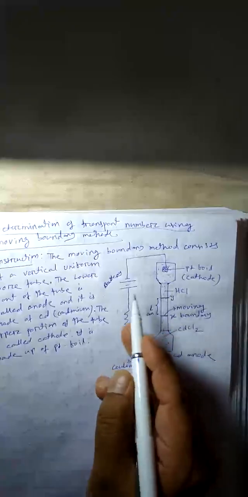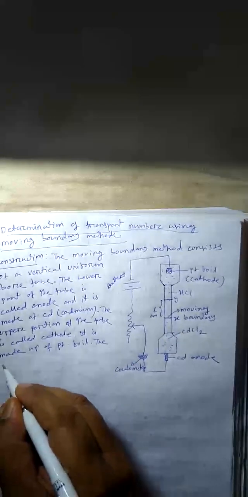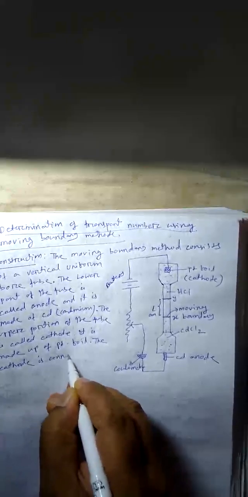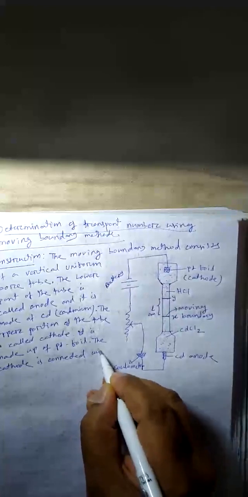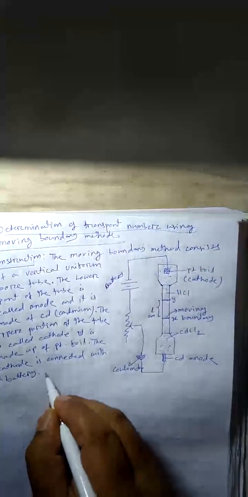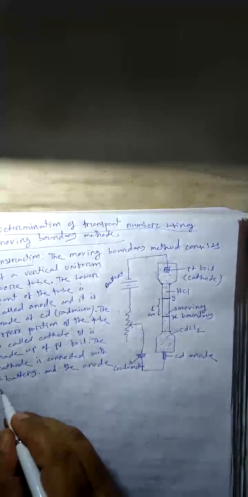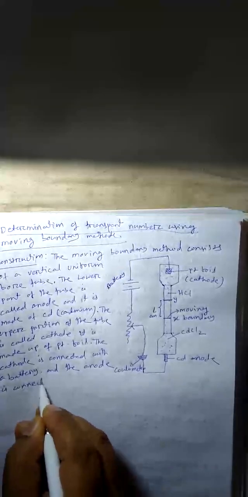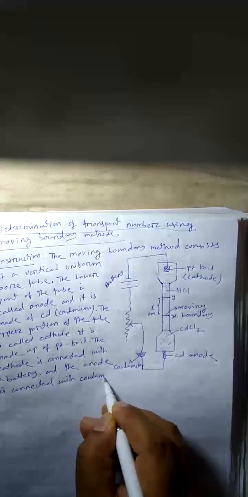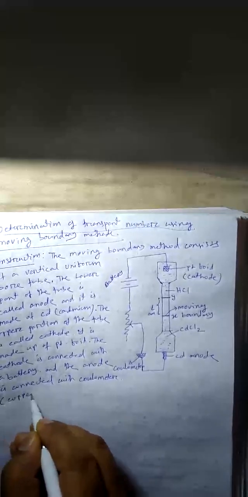Then the cathode is connected with a battery, and the anode is connected with a coulometer. The coulometer may be copper or silver.